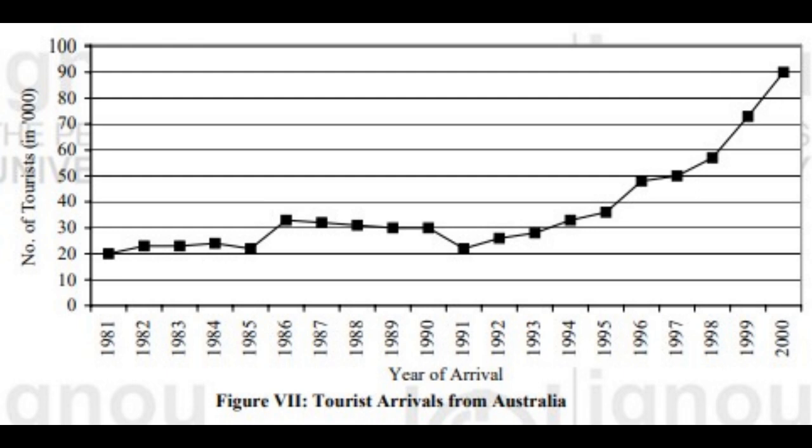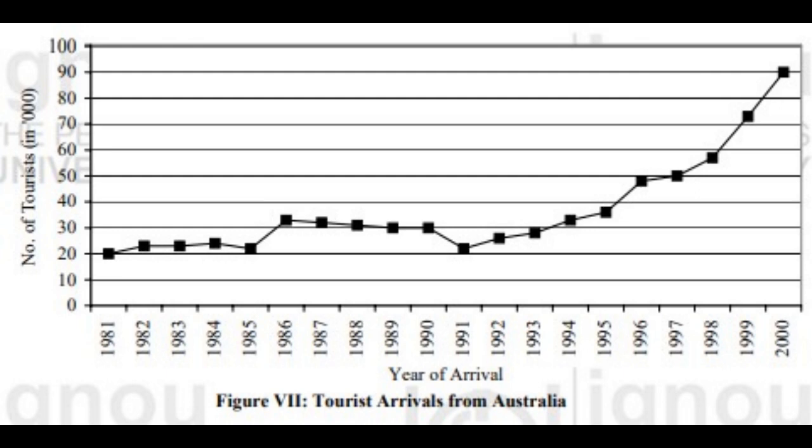The maximum number of Australian tourists came to India during October to December 2000, constituting about 32.5%, followed by the period January to March with 29.5%. 87.3% of Australian tourists visited India for holidays and sightseeing and 6.5% came for business.